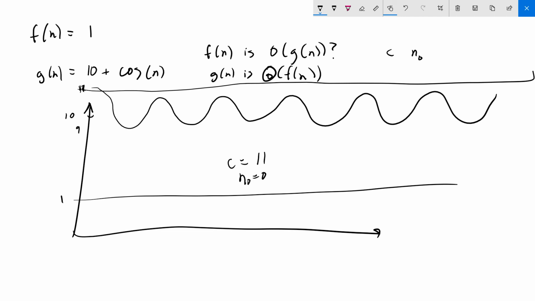So, just want to ask you two more things, and then we'll be done. When you're doing a proof of the form, you want to show that f of n plus, well, let me make this more concrete. Suppose you want to show that n squared plus n is O of n squared.